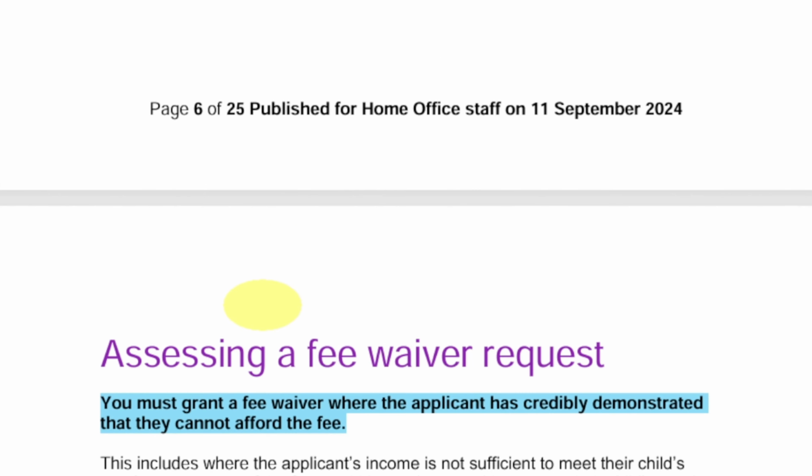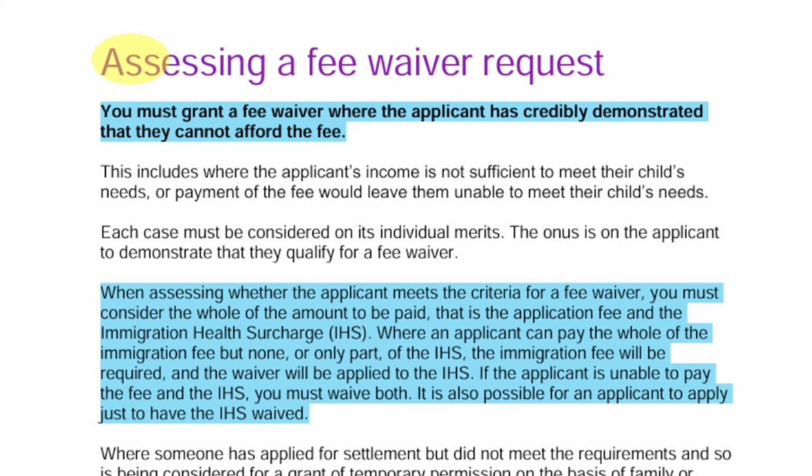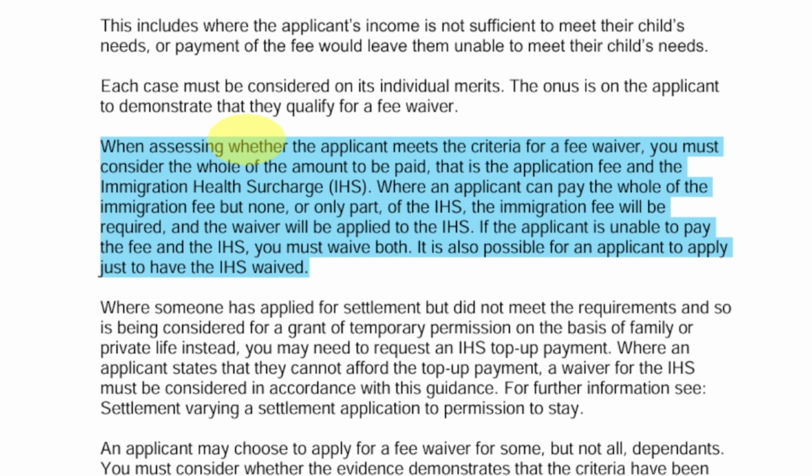So if I go down in this guidance, now this is where they have provided the fee waiver request. You must grant a fee waiver where the applicant has credibly demonstrated that they cannot afford the fee. When assessing whether the applicant meets the criteria for a fee waiver, you must consider the whole of the amount to be paid. Because many applicants ask me about the IHS fees and the fee waiver, this is what the guidance says.